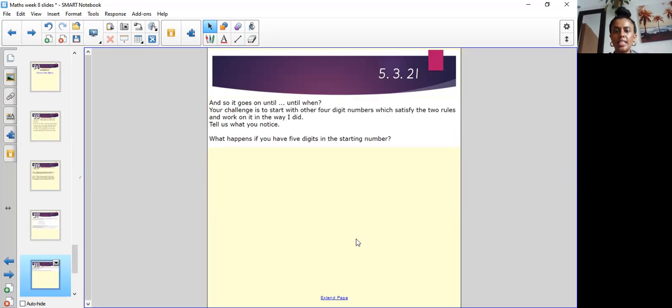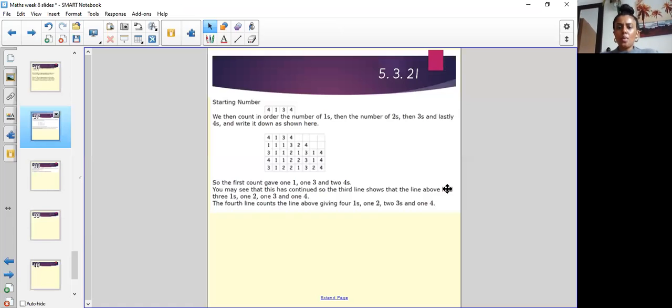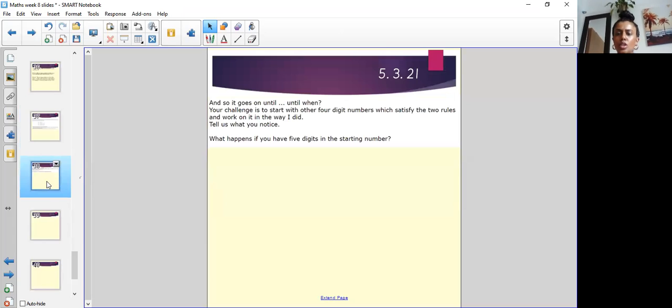And so it goes on until when? Your challenge is to start with other 4-digit numbers which satisfy the 2 rules and work on it in the way I did. Tell us what you noticed. What happens if you have 5 digits in the starting number? So have a go at the challenge. Choose another 4-digit number which satisfies the 2 rules and work on it in the way that I just did.